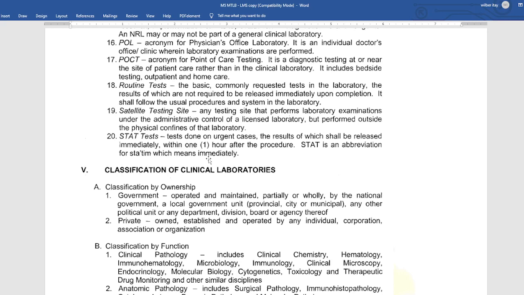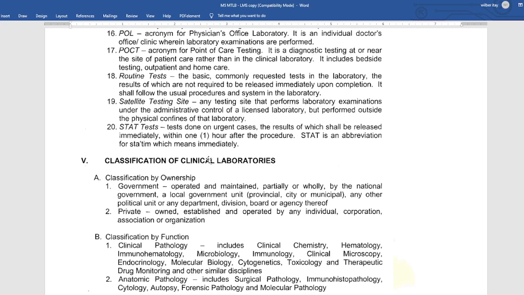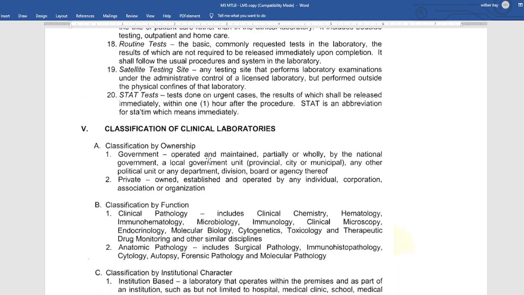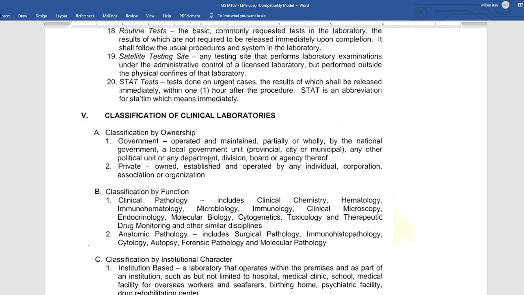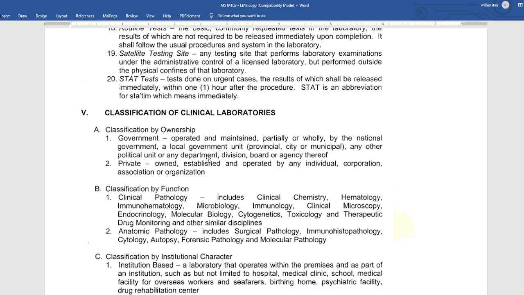So, ano yung mga test that must be done within 1 hour? Example is the troponin test in the case of heart attack, or acute myocardial infarction. Kapag feeling ng nasa ER, may heart attack na nangyari, or acute myocardial infarction, they can request for troponin test to determine or to establish the diagnosis.